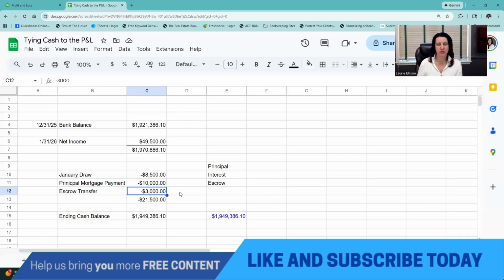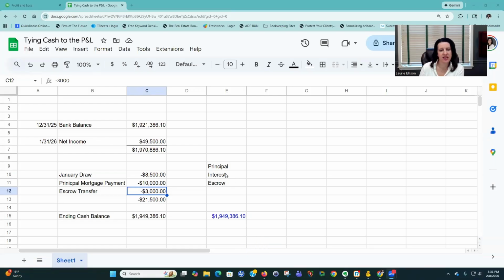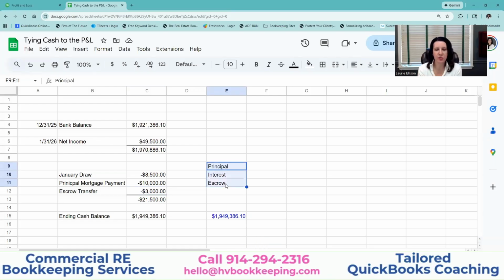And from there, when the bank does make your payments for your insurance or taxes, that is when those expenses will hit your profit and loss. So once you understand that these 3 things are affecting your bank balance, but they're not being accounted for on your profit and loss, then you can come up with ways to really see what is your cash flow and what to look for.